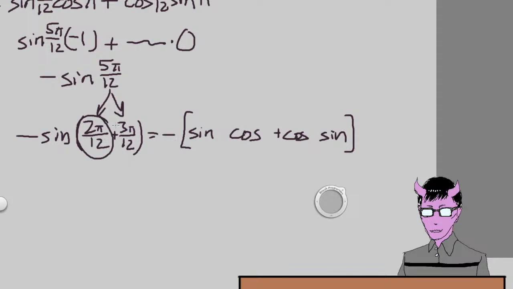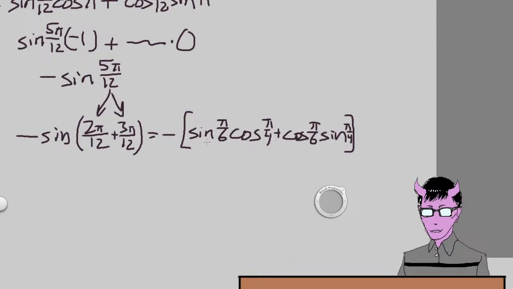Copy paste that one, simplify that one, it becomes pi over 6. And this one becomes pi over 4. Copy paste, copy paste, following the algorithm. If you do it as sine, cosine, then make sure you stay consistent.